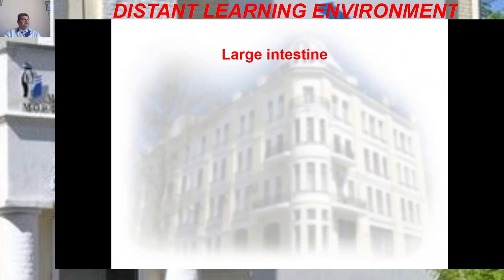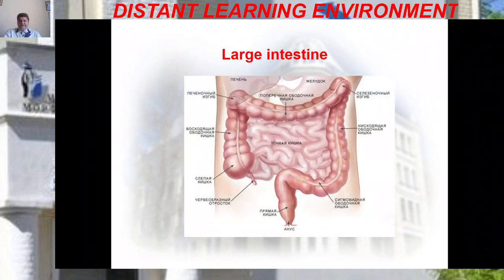So after passage in the small intestine, the milk goes to the large intestine, and the large intestine has three parts. The first part is the cecum with the appendix, the second part is the colon, and the third part is the rectum. The colon has four parts: ascending colon, transverse colon, descending colon, sigmoid colon.